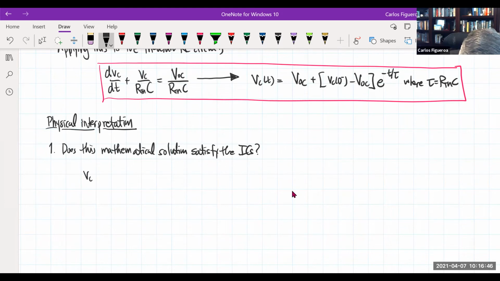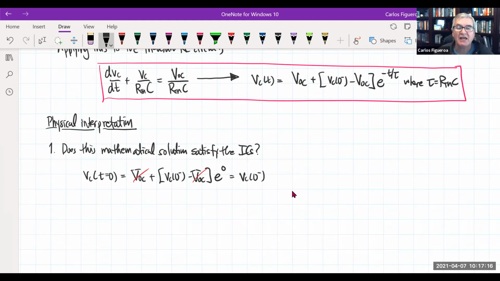If I look at my circuit here and I set t equal to 0, my solution says it should be VOC plus VC of 0 minus VOC, but then I get e to the 0, which is 1, of course, and this cancels out with that, so that in the end, I get VC of 0 minus, which is exactly what we want.